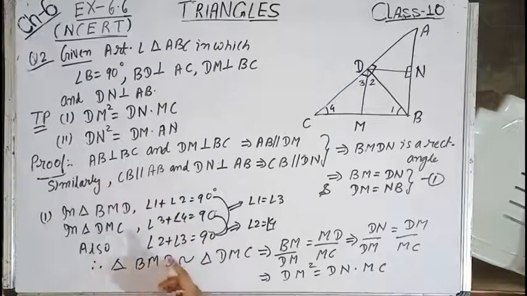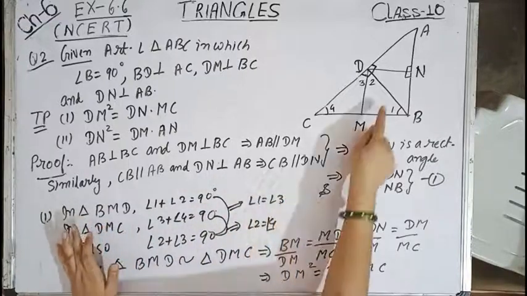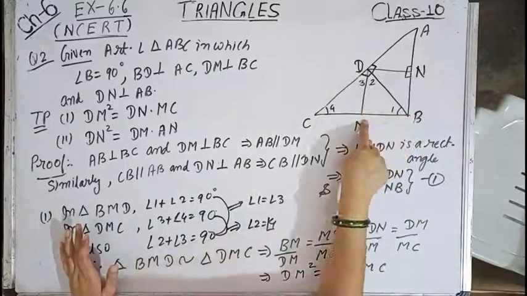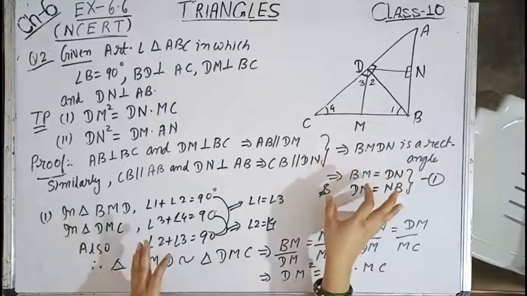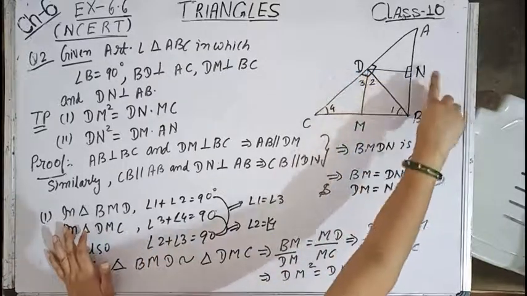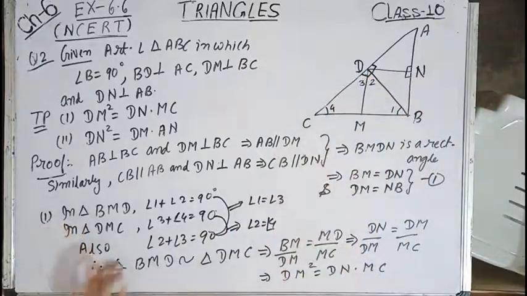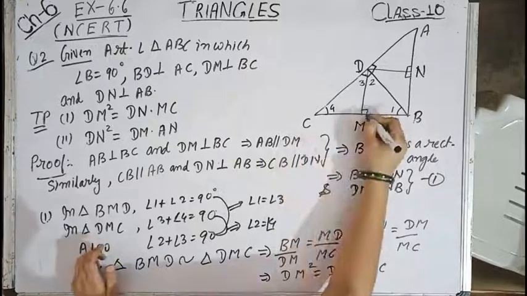Now, in this sum, children, how will we prove it? First, I will explain the plan, the strategy. First of all, we will prove that DNBM is a rectangle. Once it is a rectangle, DN equals MB and DM equals NB. Obviously, it is a rectangle because all angles are 90 degrees. You can see over here, these are all perpendiculars.